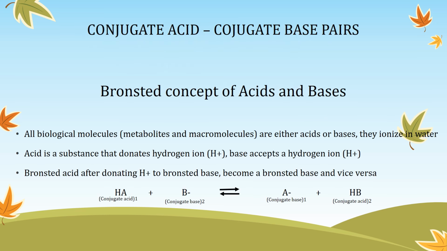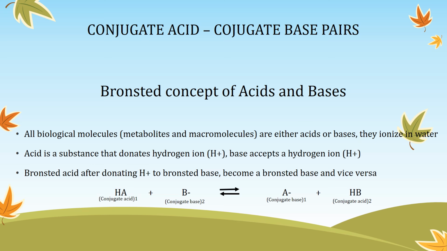So, acids and bases based on the Bronsted concept. A molecule which is donating a proton or hydrogen ion is considered as an acid. A molecule which is accepting a proton or hydrogen ion is considered as a base.